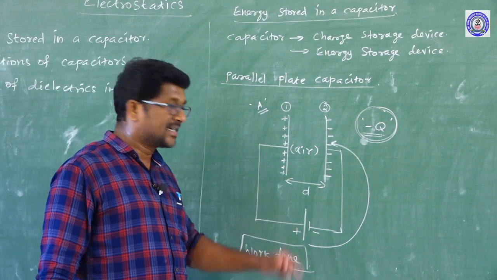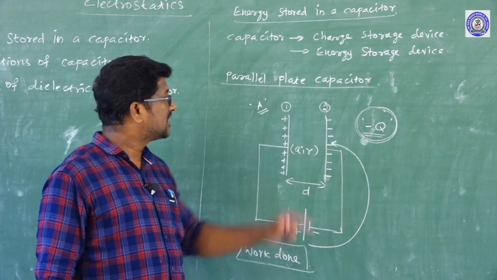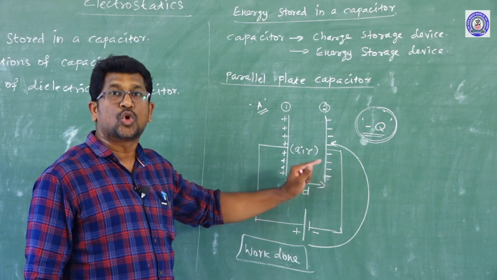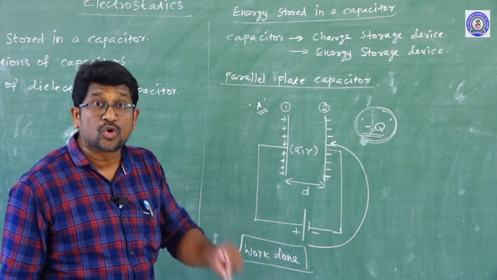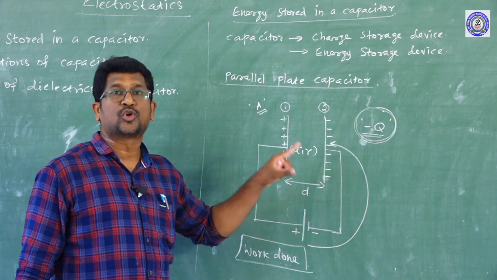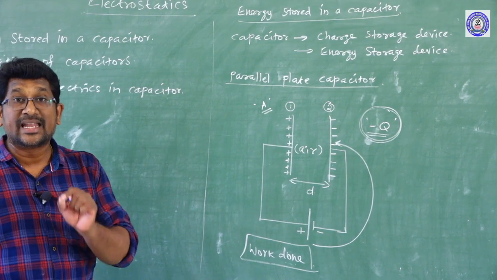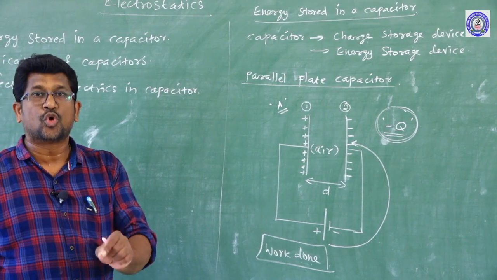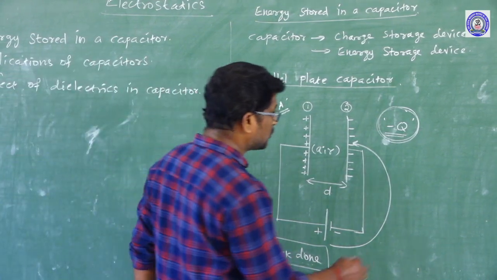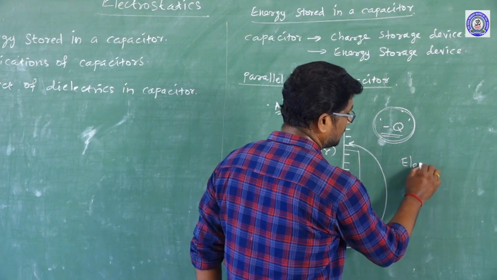The work done by the external agency to transfer the charge from one plate of the capacitor to the other is stored as electrostatic potential energy in the capacitor. The name of the energy stored in the capacitor is electrostatic potential energy.